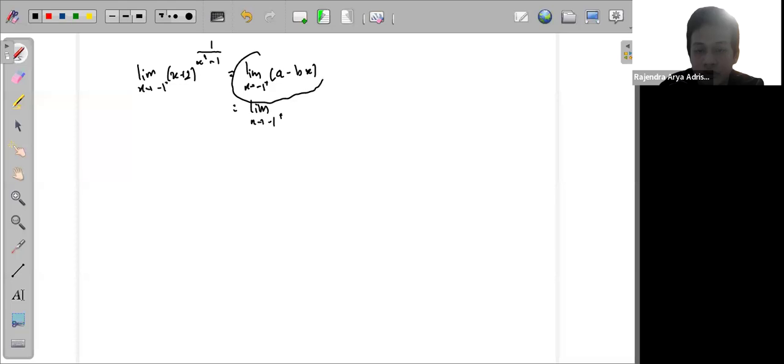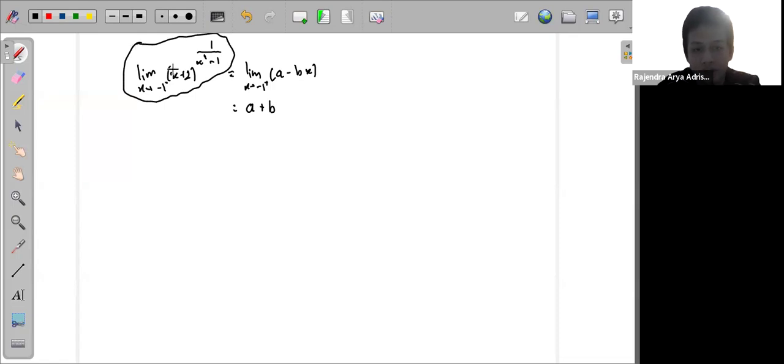It's just a usual polynomial limit, so we can just plug in the value of -1 here. So we get a minus b minus 1, which equals just a plus b. Meanwhile, it's not that easy for the left side, because if we plug in -1, we get 1 here. So 1 minus 1 is 0, and we have a 0 in the power. And we don't want that.